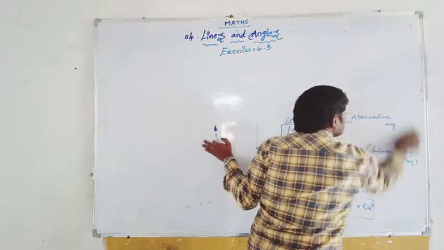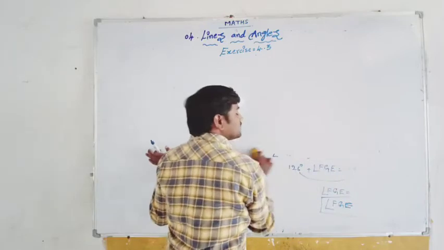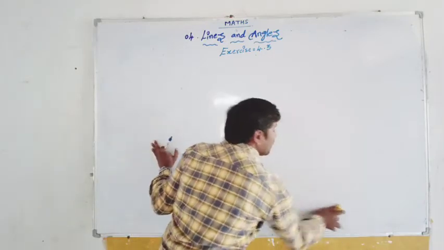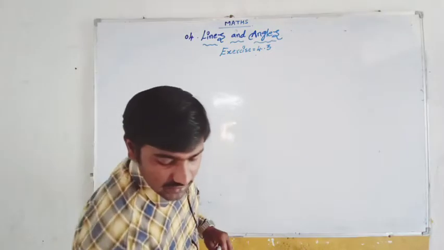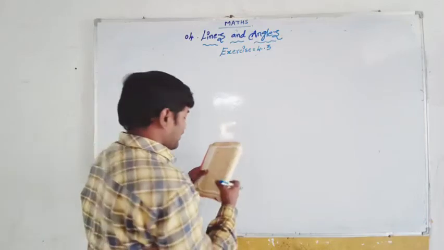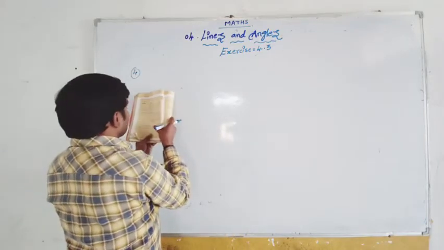Which property is useful here? That is what we need to think: corresponding angles, alternate angles, vertically opposite angles, linear pair angles, or adjacent angles. Then question number 4.